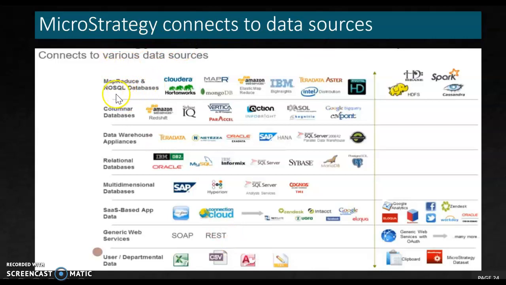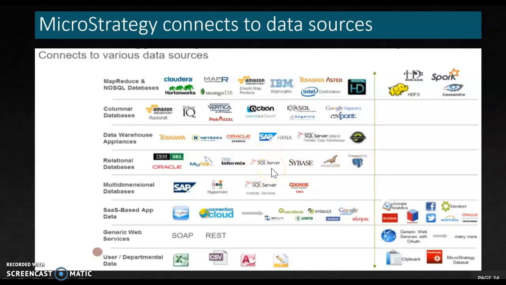So we can connect MapReduce or NoSQL databases, columnar databases like Redshift, Excel, and a lot of other databases. We can also connect with data warehouses like Teradata, NetSuite, Oracle Exadata, SAP HANA, and relational databases like Oracle, MySQL, SQL Server, Sybase, MariaDB, or PostgreSQL.